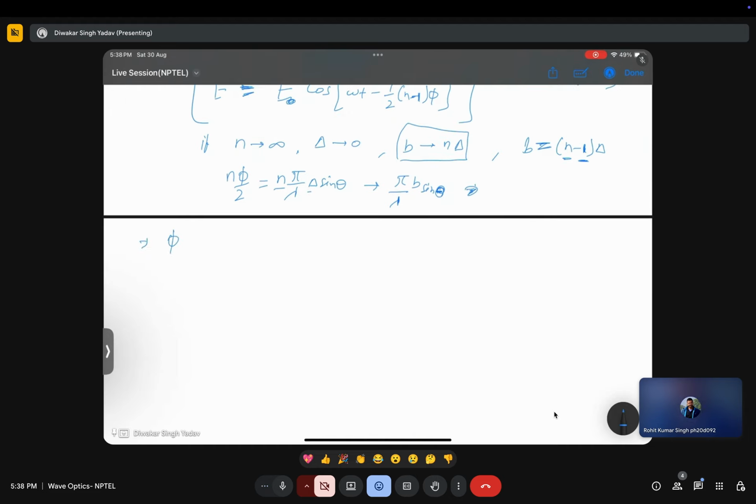Now phi from here will be 2 pi by lambda b sine theta by n. It goes to 0.